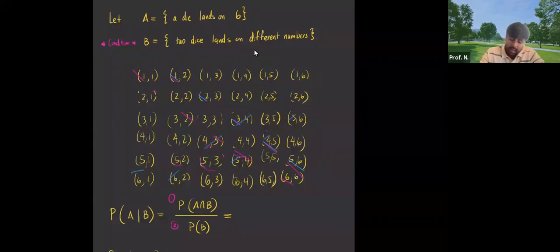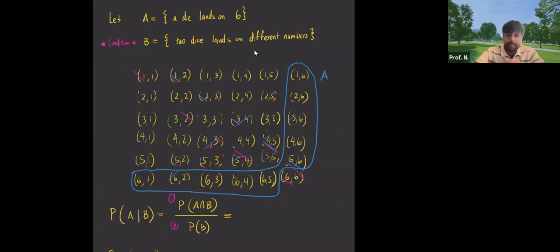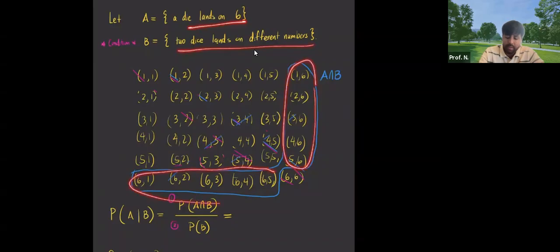So do you see that this here, if I do this, would be A. No, pardon me. This would be A intersect B. Do you guys see that? Because one of them lands on 6 and all of these are different numbers. So that's the intersection of A and B.